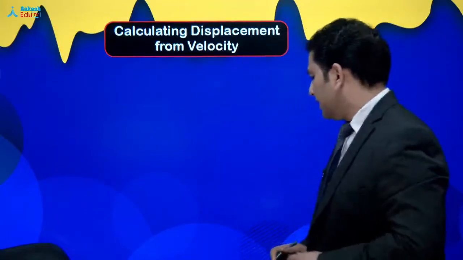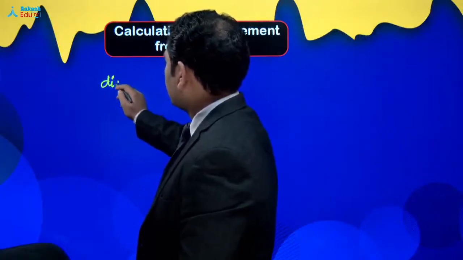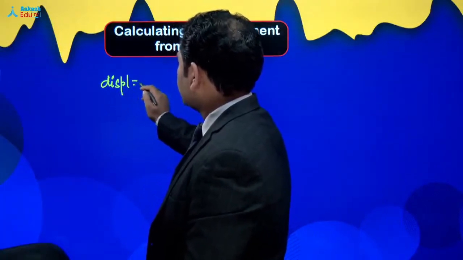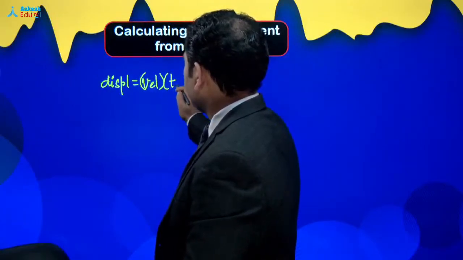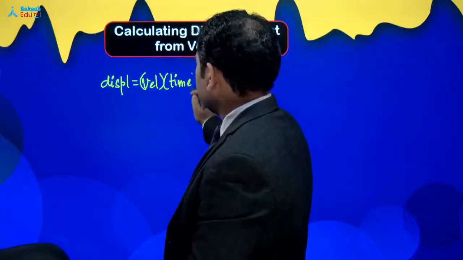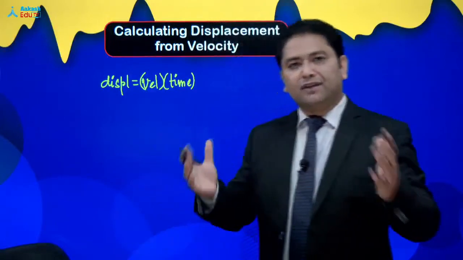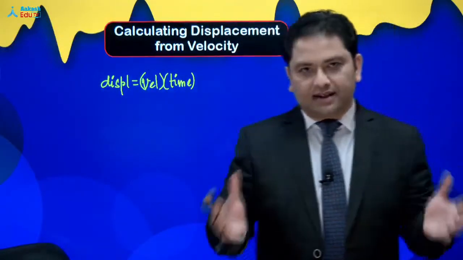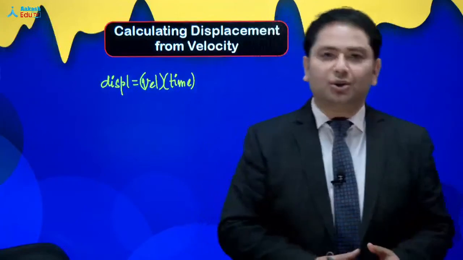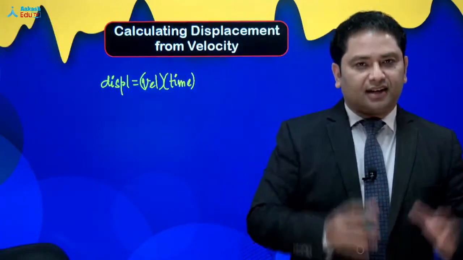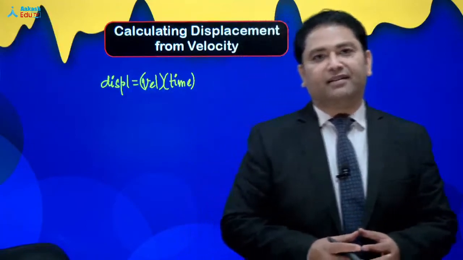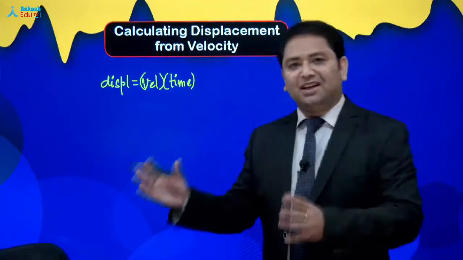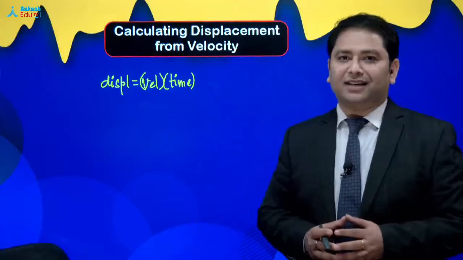Now, the first question here is, if I say that displacement is equal to velocity multiplied by time. Now, you see many times, again, this is a very basic thing, but still, many people fail to understand it. कि अगर आपको velocity दी गई है and you got to calculate the displacement, then you write displacement equals velocity multiplied by time.